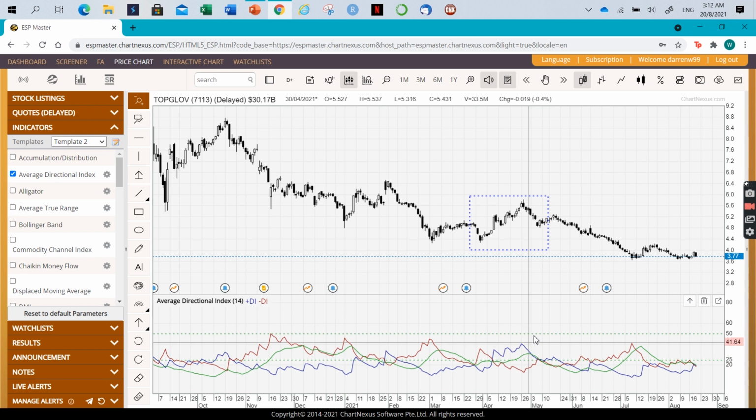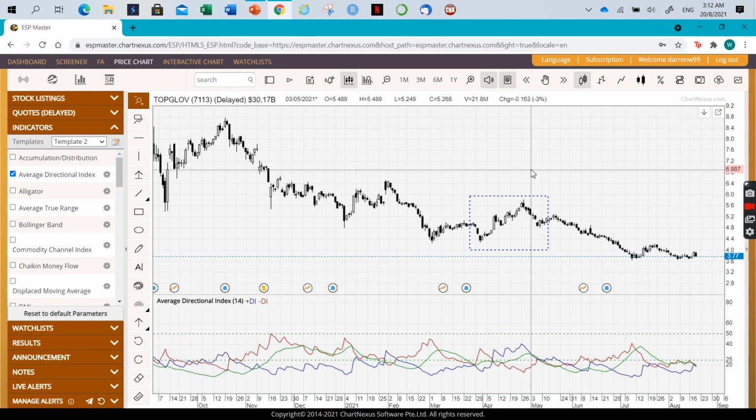So the blue line was crossing above the red line, but of course the larger trend took its momentum again and pushed the stock further down. Hence why after this short crossover of the blue DI line, the blue DI line immediately crossed back downwards and stays below the red DI line.